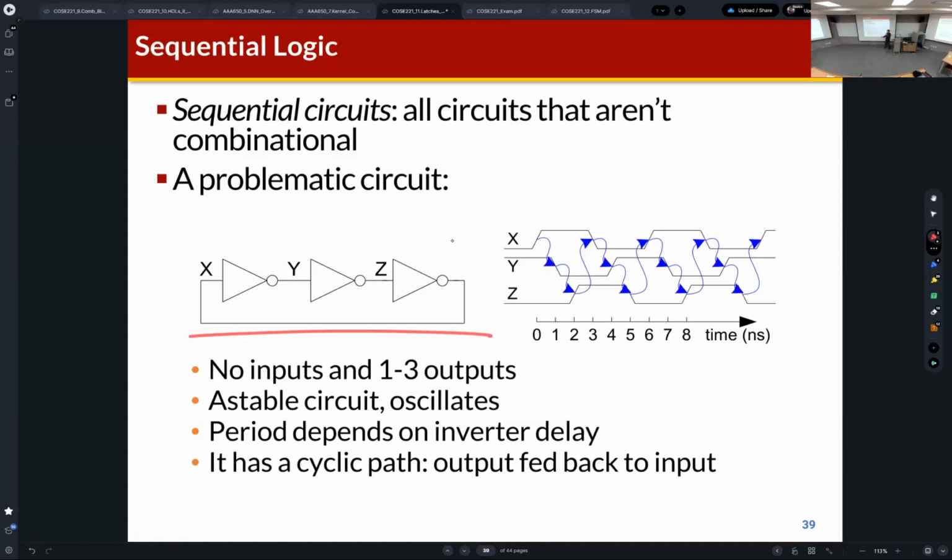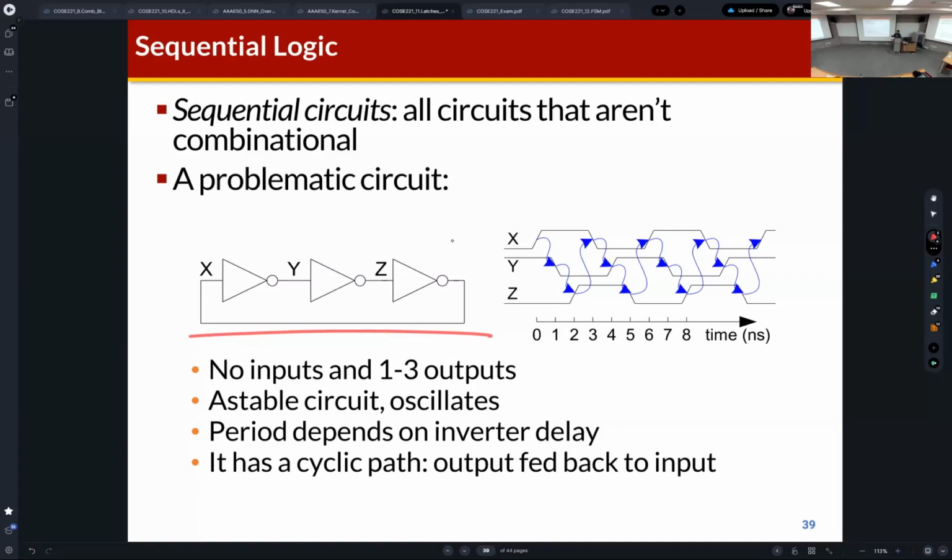That's the problem. If we cannot control, if we cannot implement a controlled circuit or controlled system, then that system can be a problematic system, an unstable system. Actually, we need to implement a controllable and stable system.